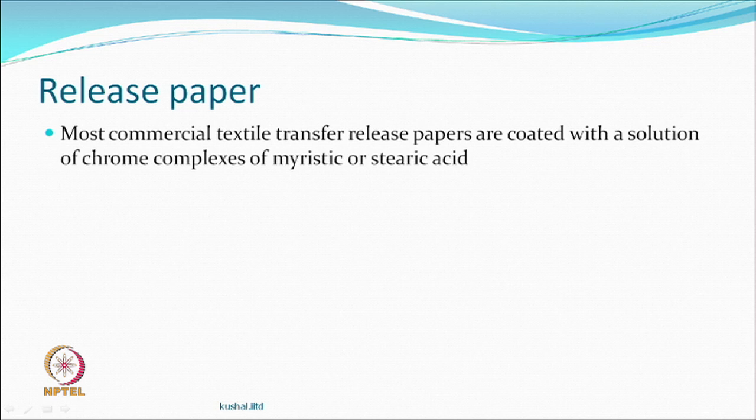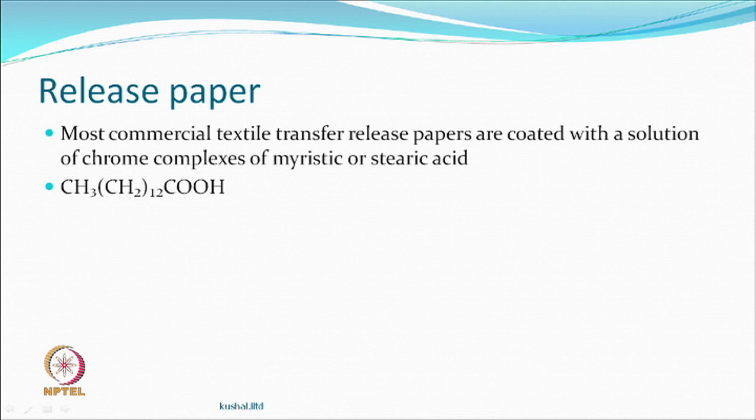Some of these papers which are commercially used for such things are coated with chromium complex of stearic acid or myristic acid, and once it is there, as somebody just pointed out before also, the affinity towards the paper becomes less. The film may like to just get out of the surface whenever given an opportunity of pressure or temperature.